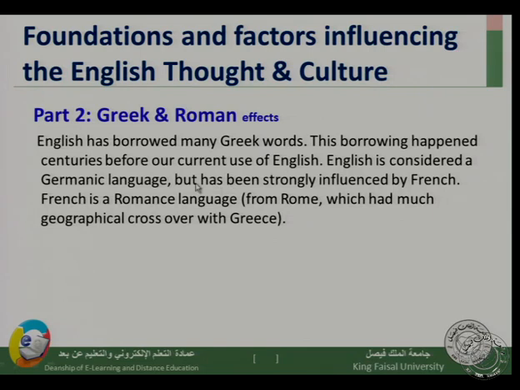It has been strongly influenced by French, as well as other languages. French is a Romance language from Rome, which has much geographical crossover with Greece. So they borrowed some Greek words into French, and then we have them in English.